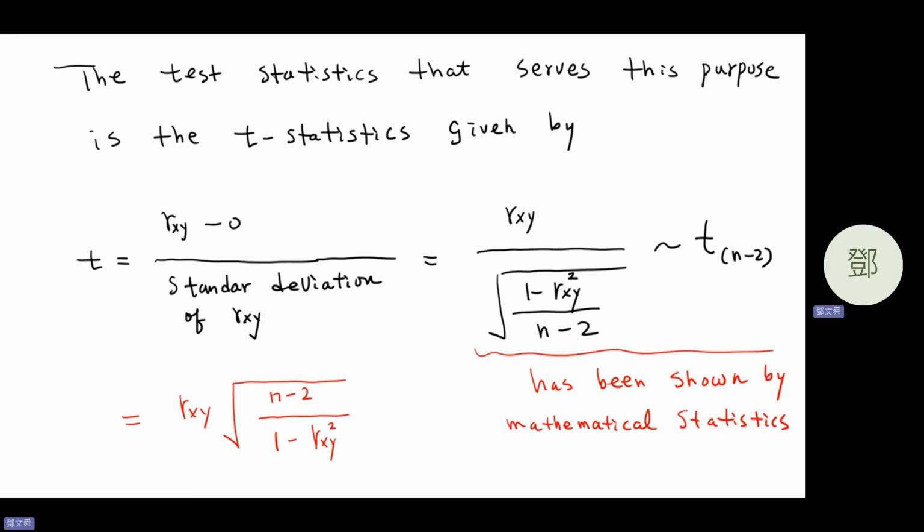Who discovered this relation, the distribution? The statistician is called Karl Pearson. Is it Karl Pearson? Oh yeah, Karl Pearson is this guy.